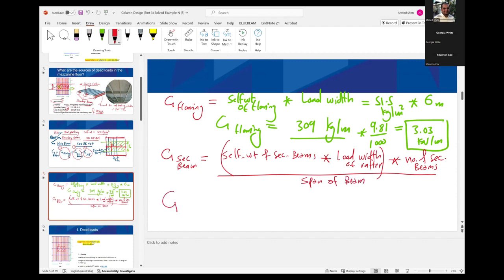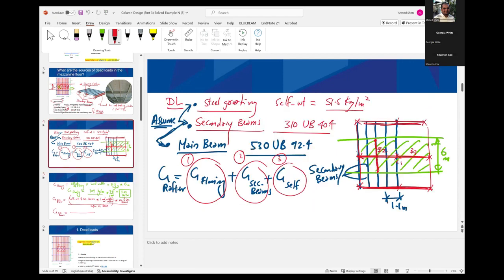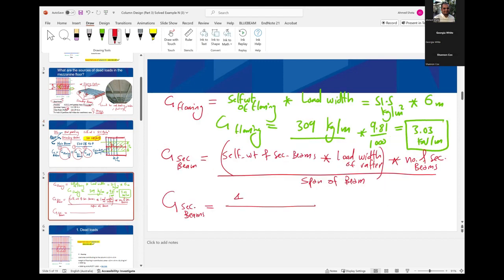So if we want to finalize this one, G secondary beams will be equal to the self weight of the secondary beam. How much do we assume the secondary beam is? What is the size? This is the size. So how much is the weight? This part is the weight or the mass. So it will be 44.4 kilogram per meter.